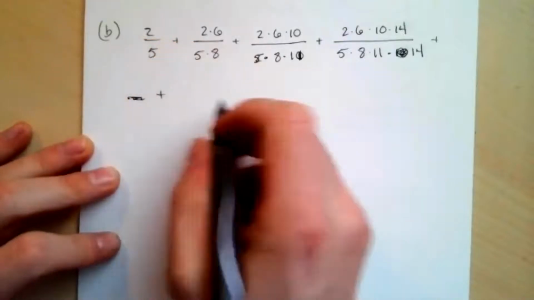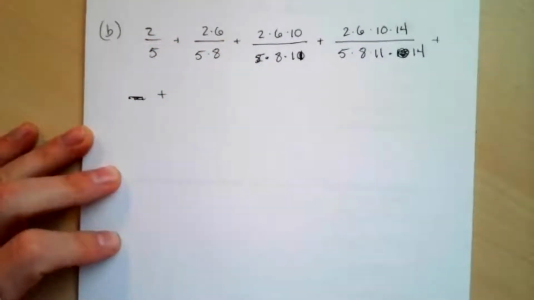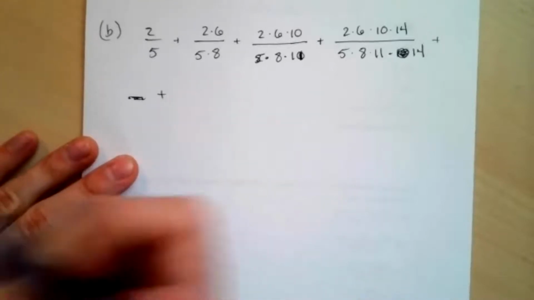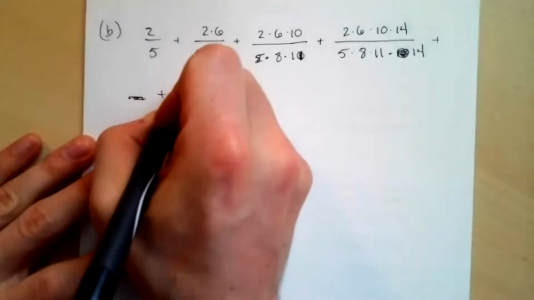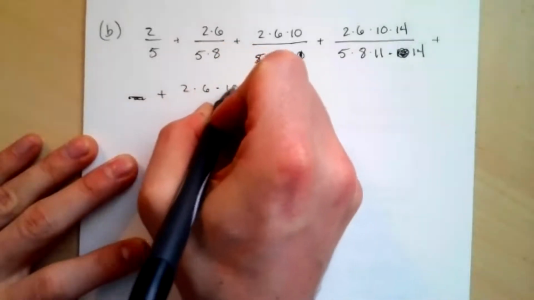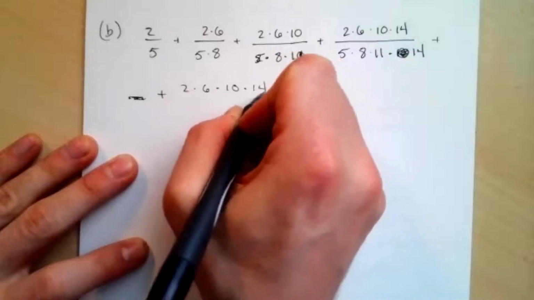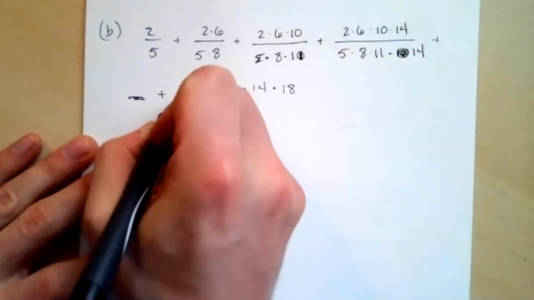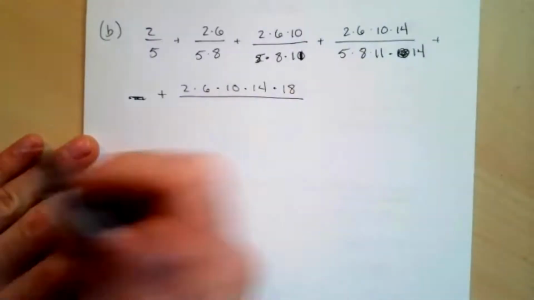So what's the next term going to be? This is what's written in the problem. I think 18 and 17. Yes, we have the product of all the previous terms. But then the numerator is going to grow. The next one's going to be 18.